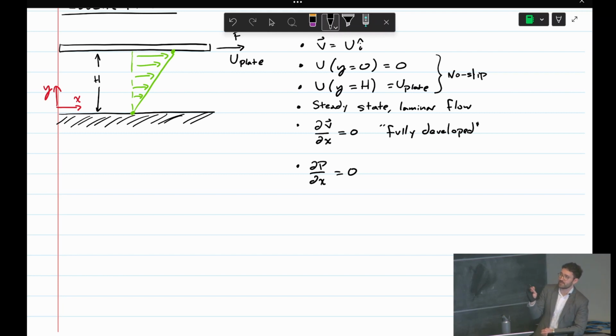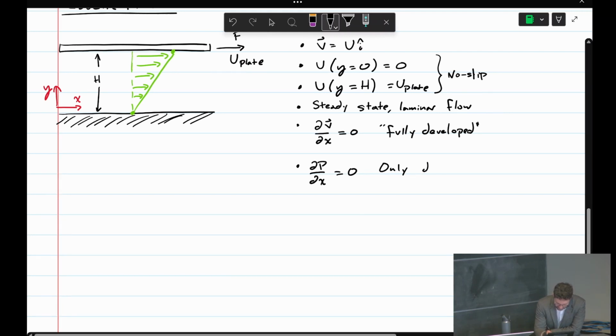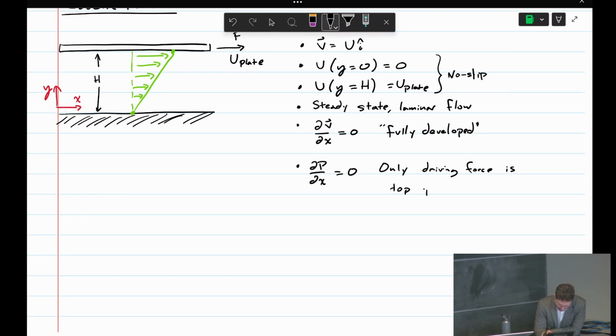So in this case, the only driving factor in this flow, say it's at rest, is the top plate that you're pulling on. So there's no pressure force being applied to this fluid. It's just the top plate. That's our only source of motion. It's our only source of energy, you can think of it that way. So the only driving force is the top plate motion.